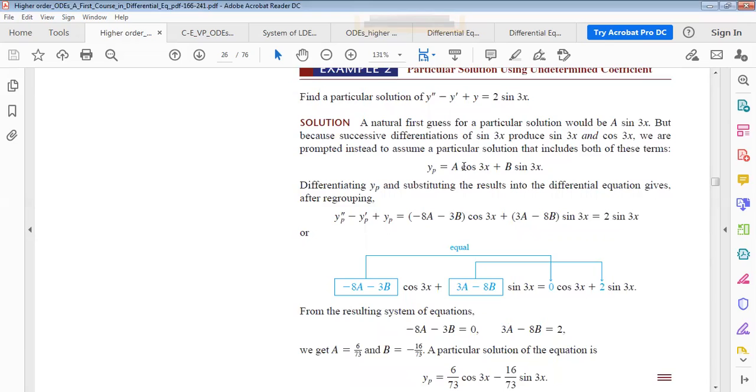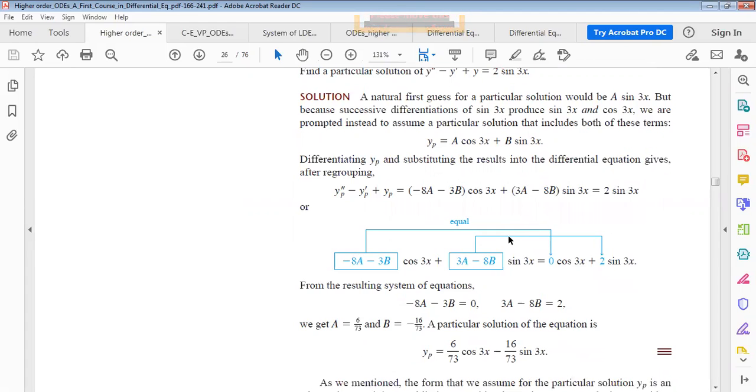Now differentiating yp and substituting the results into the differential equation, as in the previous example, we get the double derivative and first derivative, then yp, and we get this. Now equating like terms on both sides, the sin 3x coefficients will be equal.